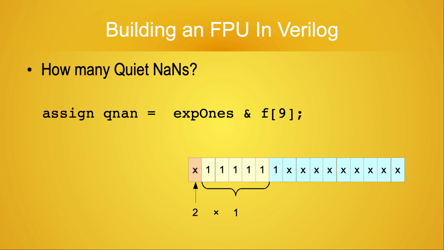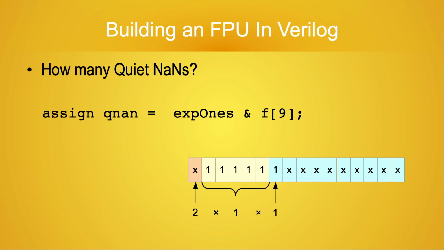The exponent must have all of its bits set to 1. The significand field is different. Effectively, we're breaking the significand field into two parts. The first part is bit 9. This lone bit must be set to 1. This also means that bit 9 can only have one possible value.